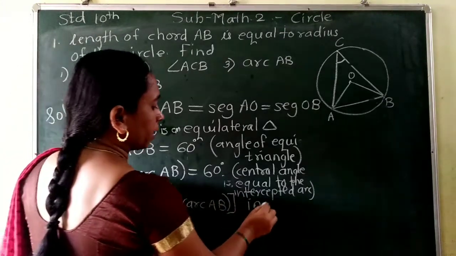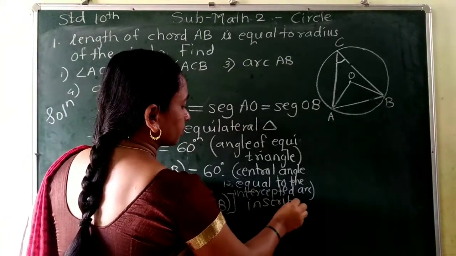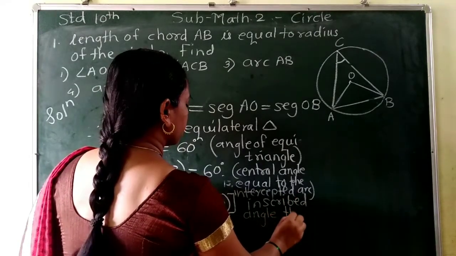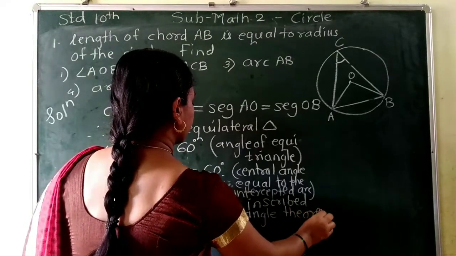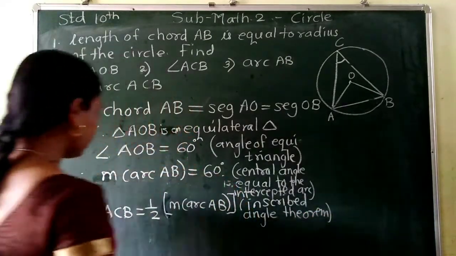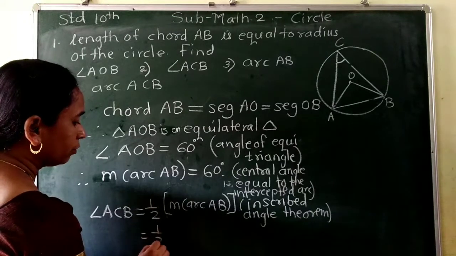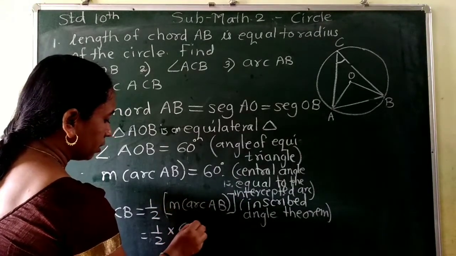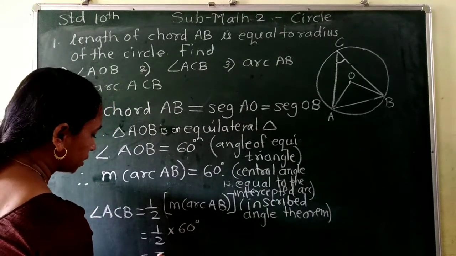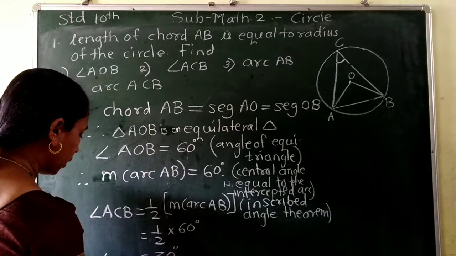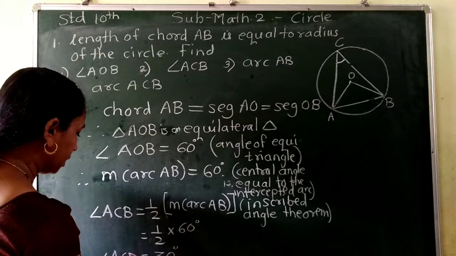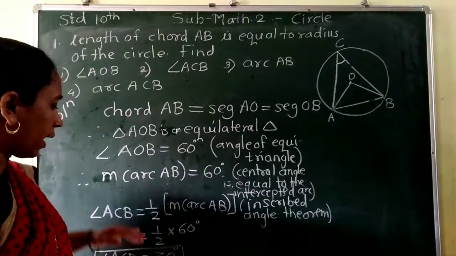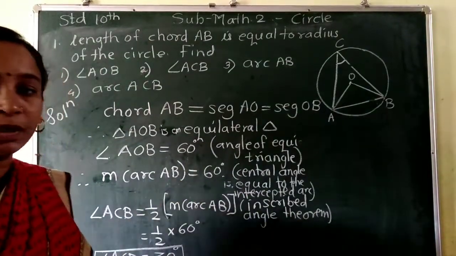Reason: inscribed angle theorem. Here half of the measure of arc AB, we have found 60 degrees. So multiply by 60 degrees, and if you solve it, we will get the answer 30 degrees. So angle ACB's measurement is 30 degrees. We have found arc AB 60 degrees, angle ACB 30 degrees.